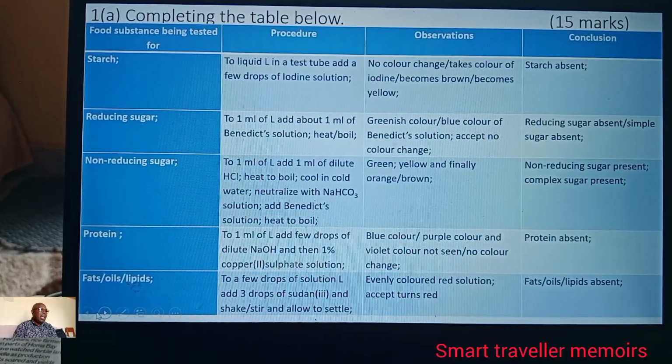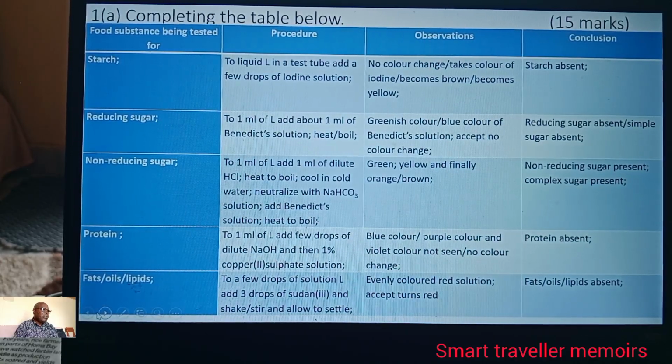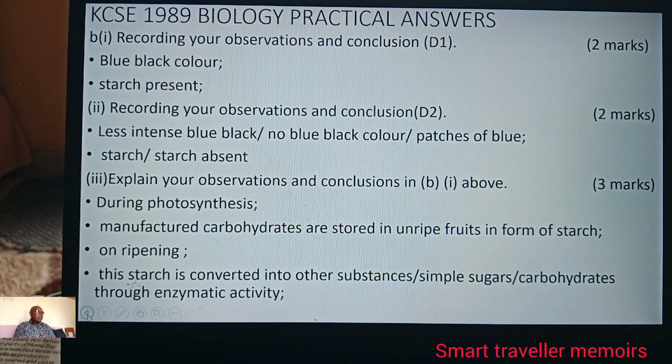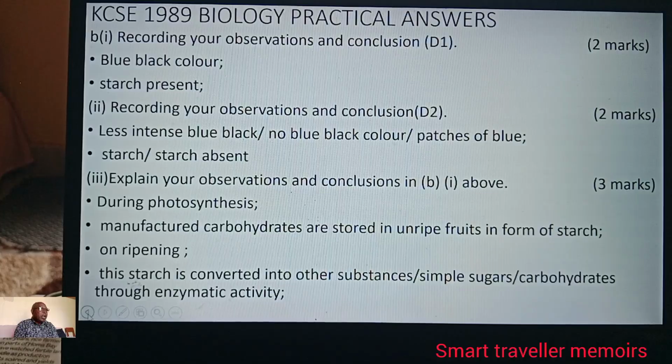Observation: an evenly colored red solution, or accept turns red, where you conclude that fats, oils, or lipids are absent.